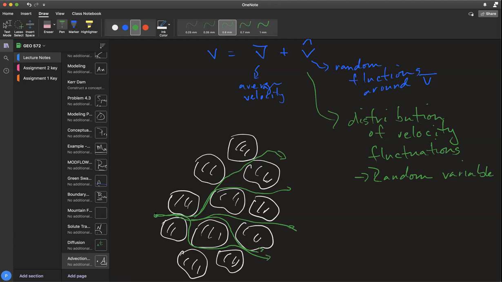So we inject it right here. Because of the tortuosity and because of these convoluted flow paths, because some solute might get slowed down and move very slowly along here and then finally come out, all right, we see spreading.